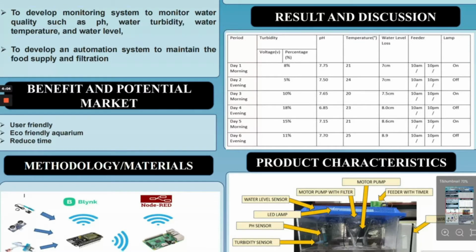The lamp will turn on when the temperature is below 21 and off when the temperature reaches 24 Celsius and above. We also monitored our automatic feeder to observe its function and action over 6 days. At the same time, the water level also increased, which had slightly lowered the level of water inside the tank.